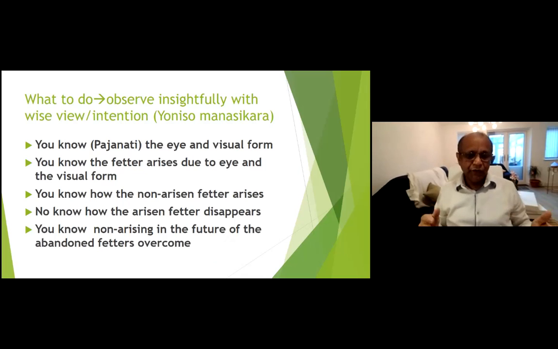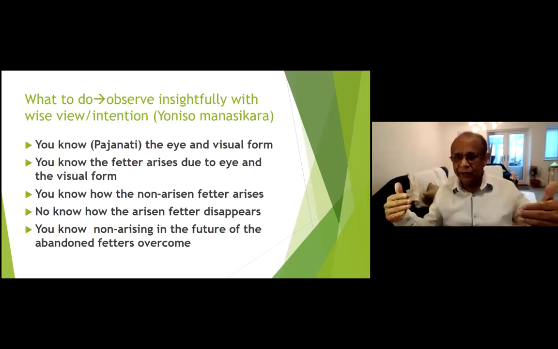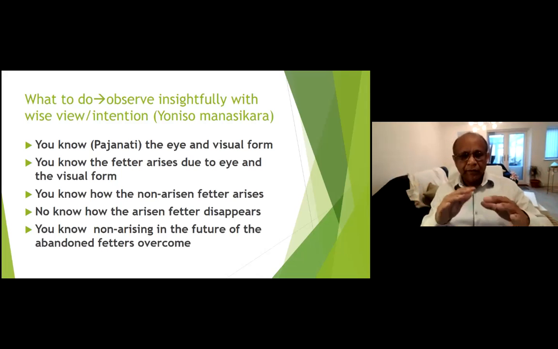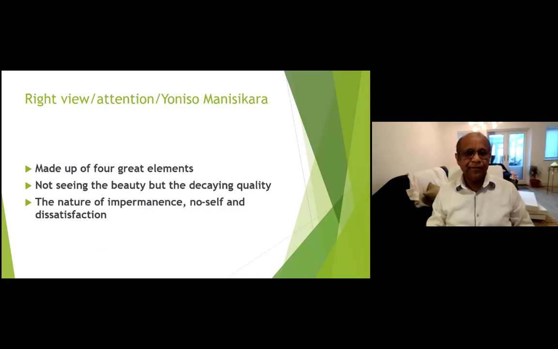Then the abandoned fetters do not arise again in the future, because now we know the mechanism. The problem is not the white cow and black cow. The problem is the rope in between. But the Buddha said pajanati, which means not just knowing, but knowing insightfully. This is the way we are going to contemplate when we start our practical session.